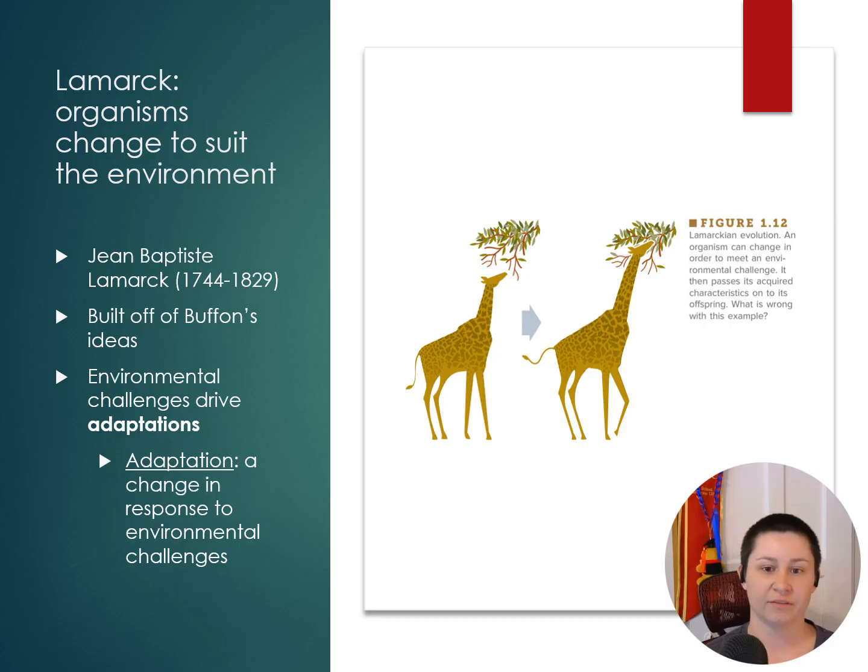So if a giraffe has a challenge in reaching the farthest up leaves in a tree, it's going to try really hard to stretch its neck out, and then its offspring will have taller and taller necks from there, based on the will to do that, essentially. And this kind of coined the term adaptation. Adaptation being a response to environmental challenges.